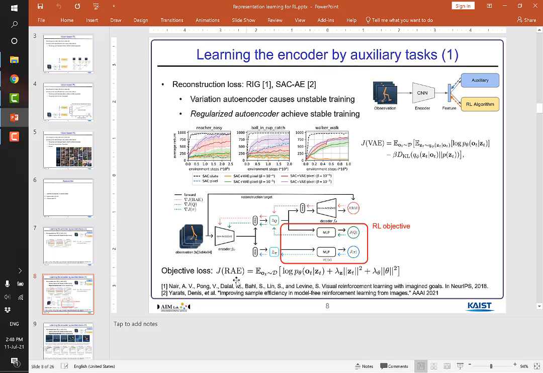And here is the proposed objective function for learning the auxiliary task.